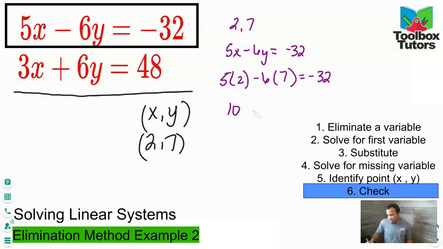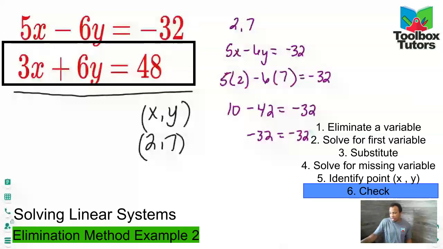Negative 6 times 7 gives us negative 42. And bring down our equal sign, bring down our negative 32. From here, 10 minus 42 gives us negative 32. And negative 32 equals negative 32. That statement is true. So now let's check this point (2, 7) with our second equation.